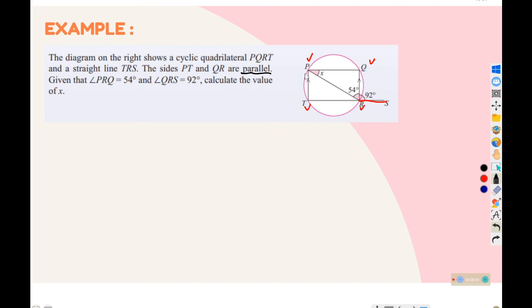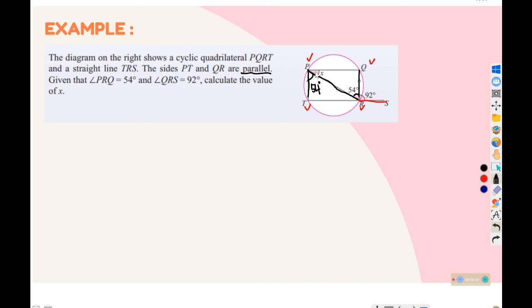So we have two parallel lines, and this is a transversal line. You can see this is a Z shape, because you have two parallel lines and a line crossing them. The vertex here is 54, which means the angle inside here is also 54. We call these alternate angles.